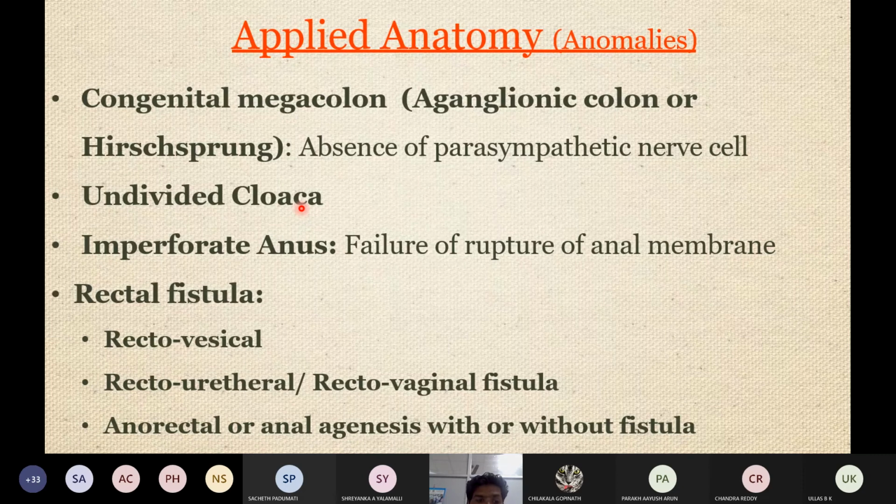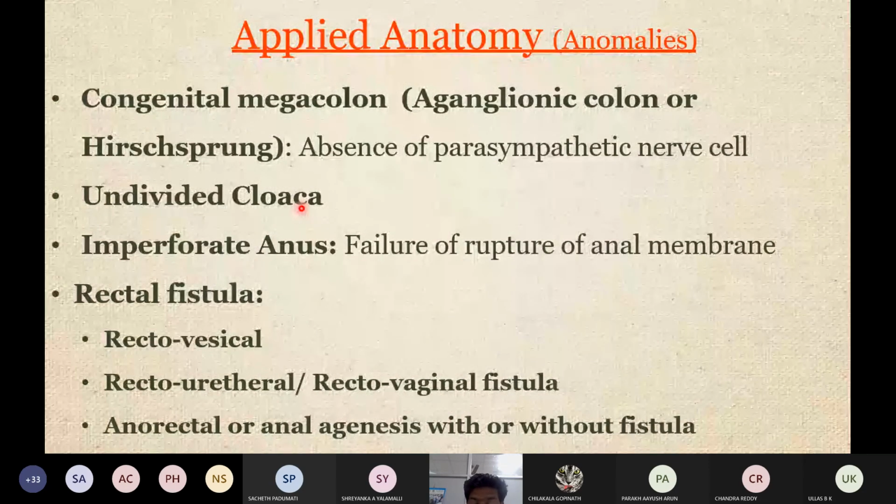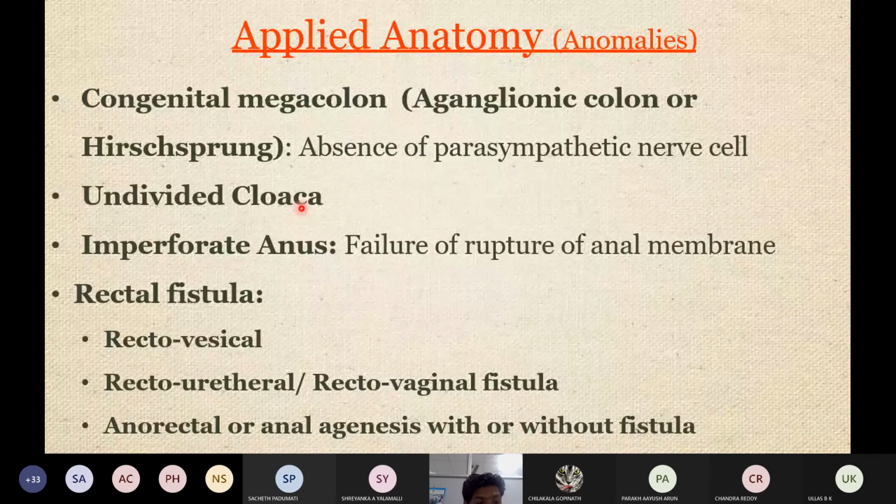Okay, and in the next case, we will see the rectal fistula. Rectal fistula is the one where the rectum and urinary bladder were developing together. Even the vaginal canal and the urethra came in between here during development.